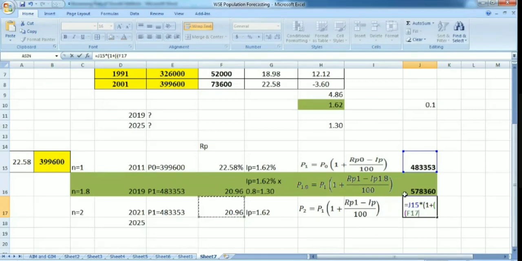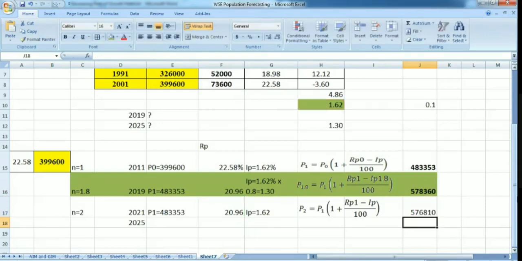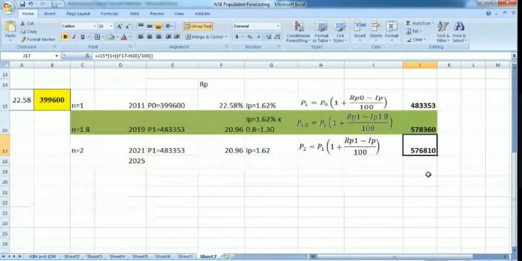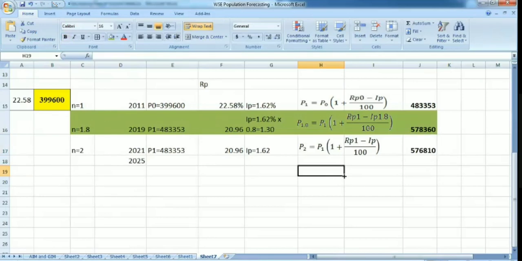RP1 value is 20.96 minus 1.62, divided by 100. We are going to get the population after 2 decades by the decrease rate of growth method as 5,76,810.